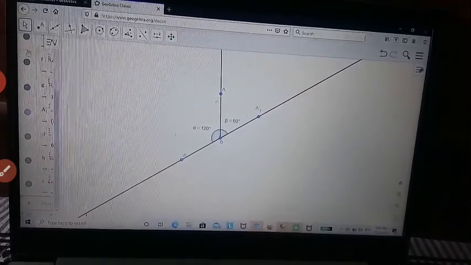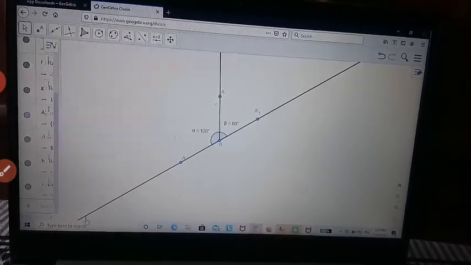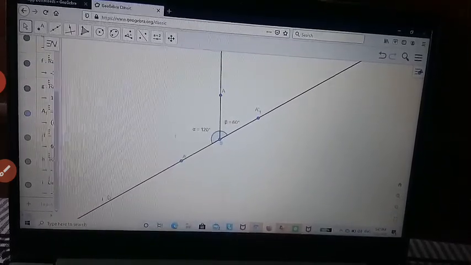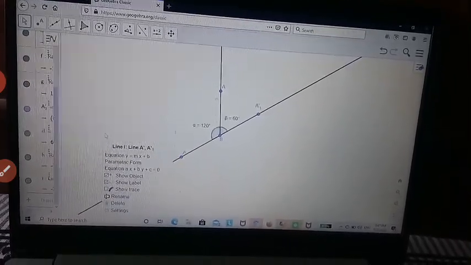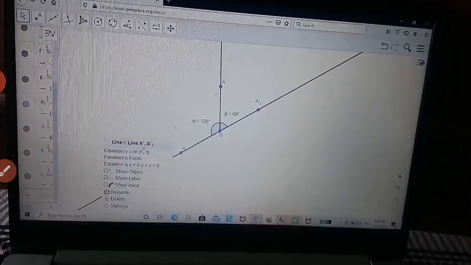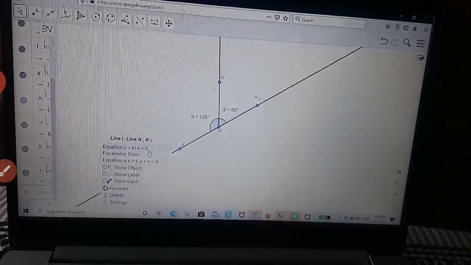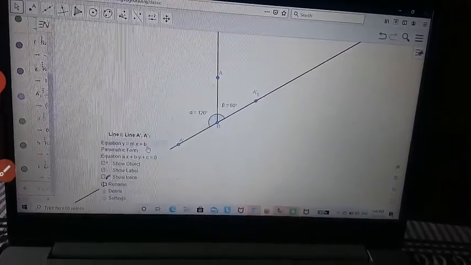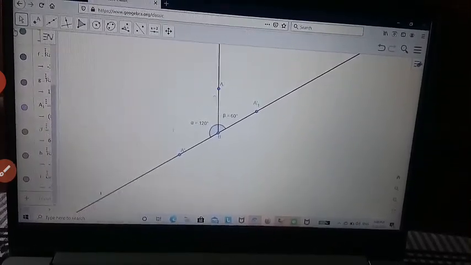What we see here is that line l exactly coincides with the two non-common arms. We can see clearly that A dash and A1 dash make a line l, and y equals mx plus b is an equation of a straight line.